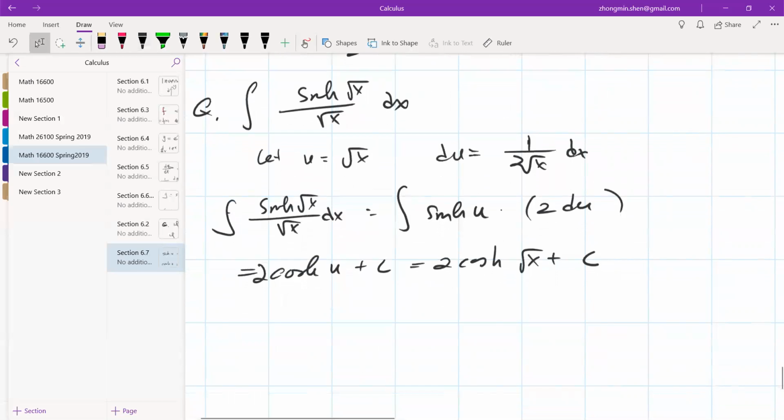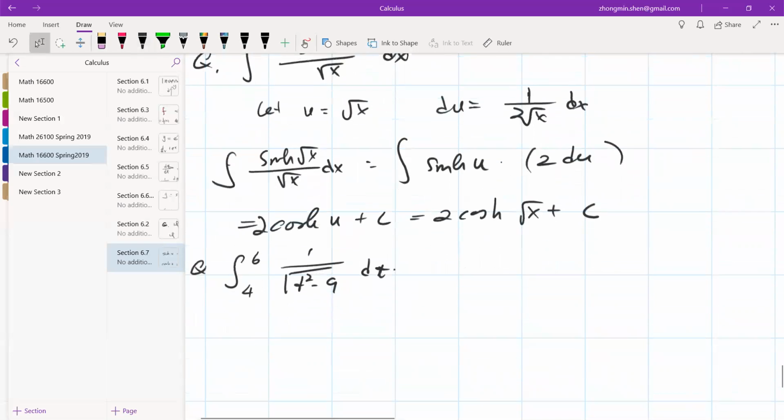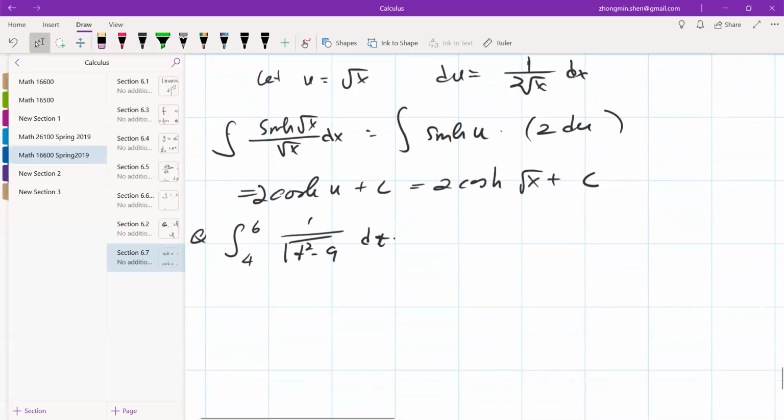Let's look at another problem. Evaluate the definite integral from 4 to 6 of 1 over square root of t squared minus 9 dt. When you see that, you have to look at the back of the book.